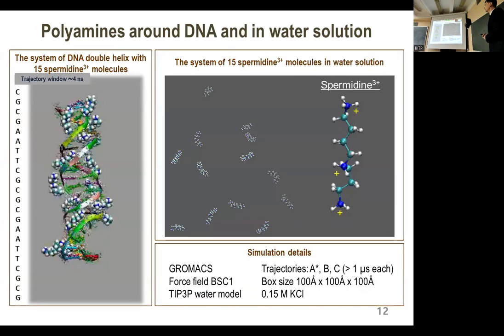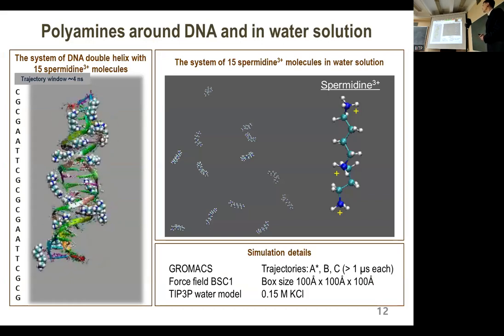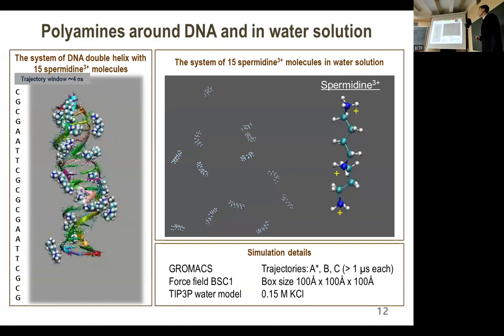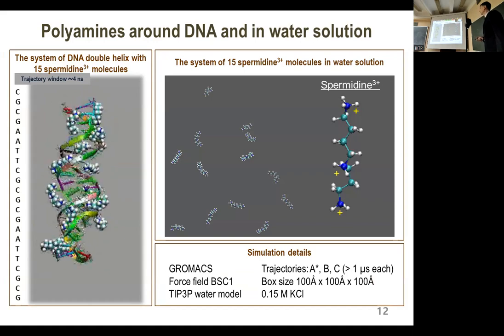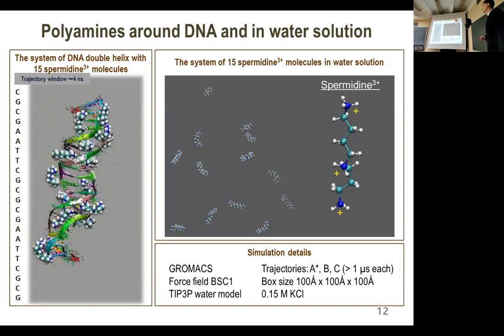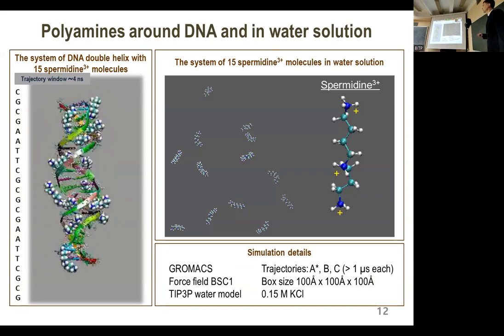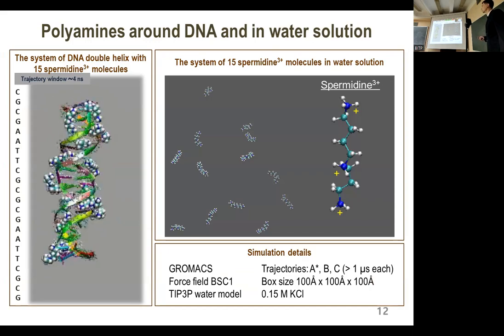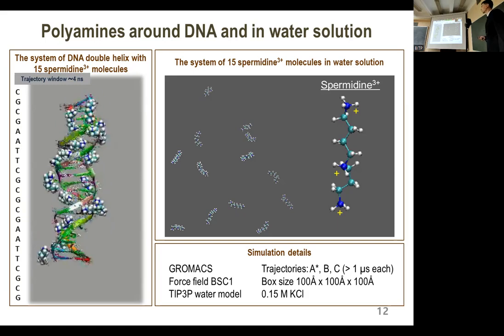So to analyze different conformation of polyamines, we run the simulations of DNA with high concentration of polyamines. You can see here this video describing how the polyamines move around DNA. Actually, they stuck to DNA, and this is very short part of this trajectory, only about 4 nanoseconds.